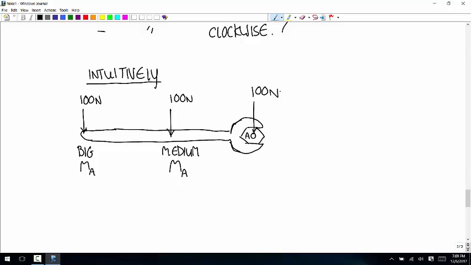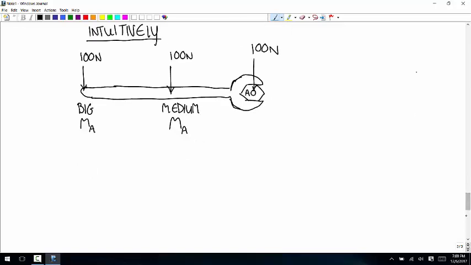Any questions about that? Okay, so that works out fine if the line between point P and the point A happens to be perpendicular to the force.